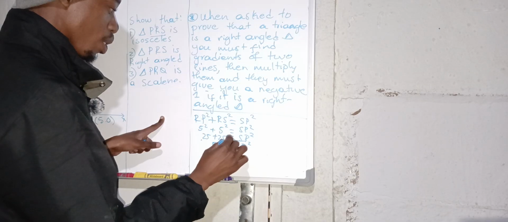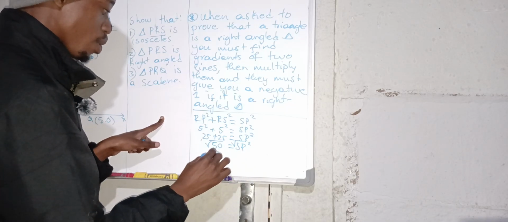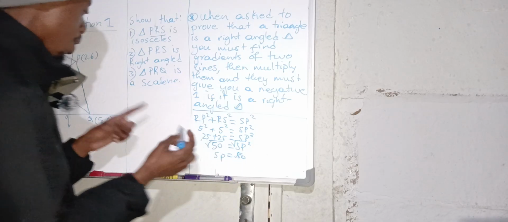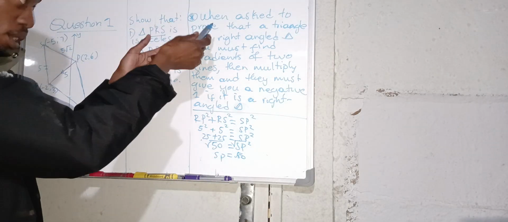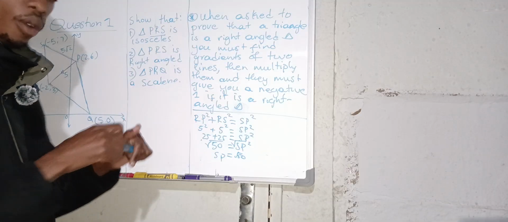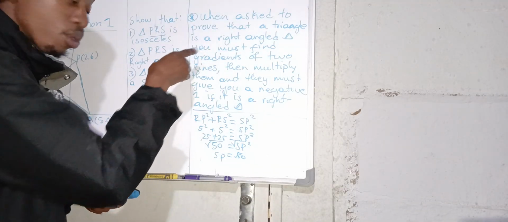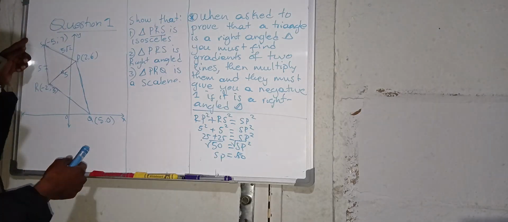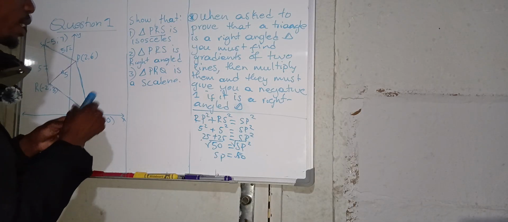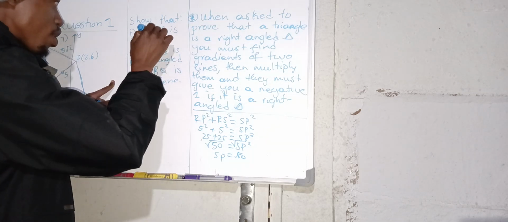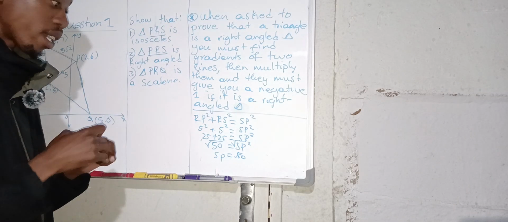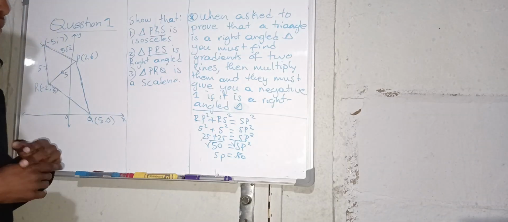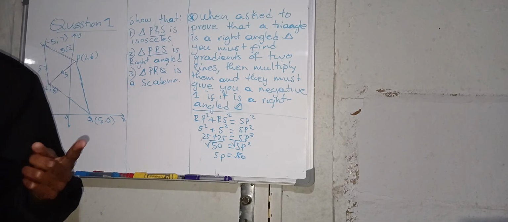Then SP is going to give us square root of 50. That simply means that using the theorem of Pythagoras, it gives us exactly that this PRS is an isosceles triangle and it's also a right angled triangle. So let me use the method that I wrote first. Two ways, same answer.